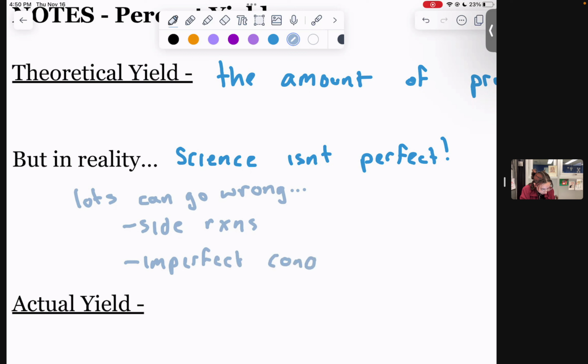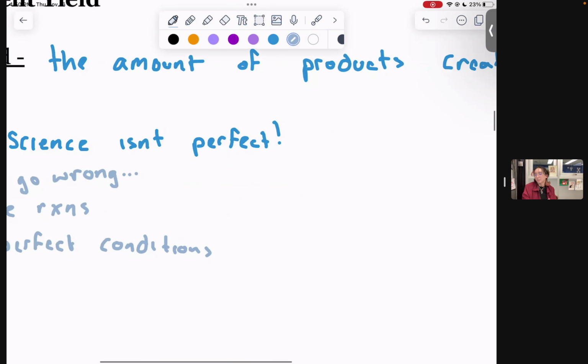Some reactions are reversible, so you make some product but then it goes back, which is super cool and fun if we're trying to make a product.